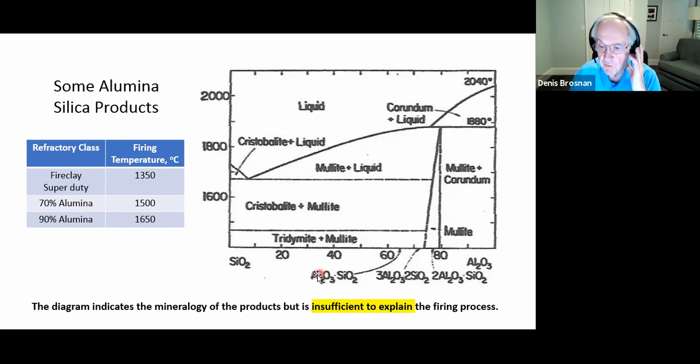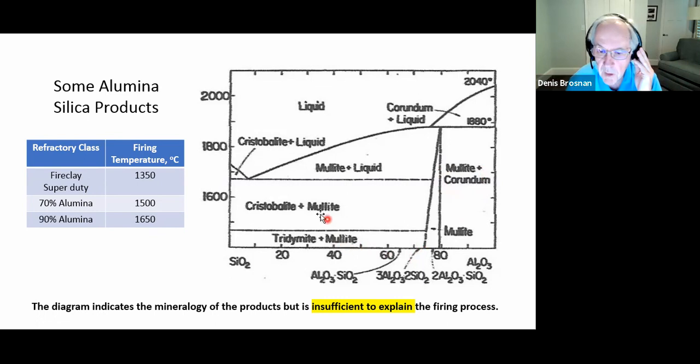So you can see that as we increase the alumina content, the firing temperatures are going to increase, and we get up here to 90% alumina, which is about in this area. The refractoriness is pretty high, and the phases in the product should be mullite and corundum, and that certainly is true, but not everything there.